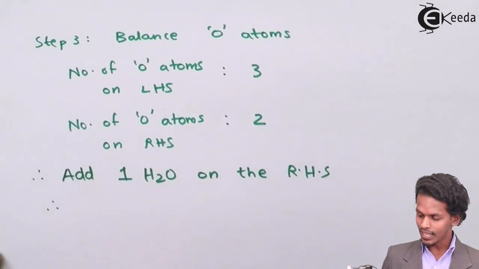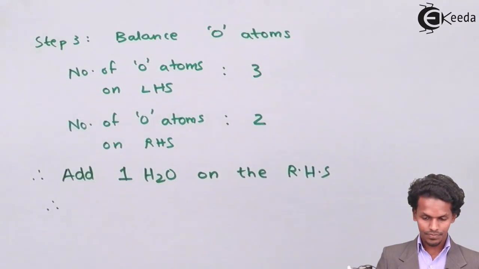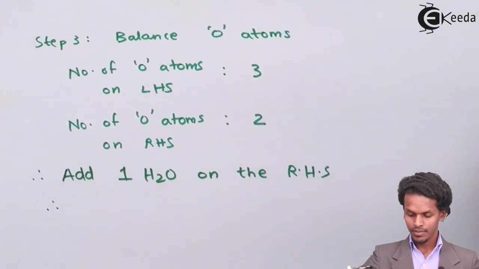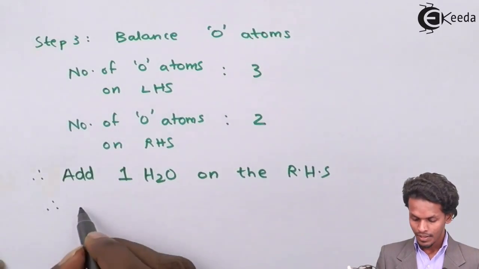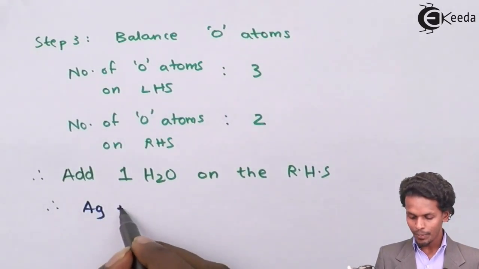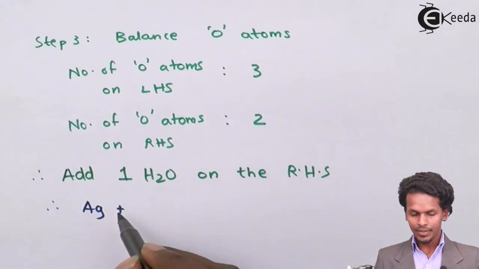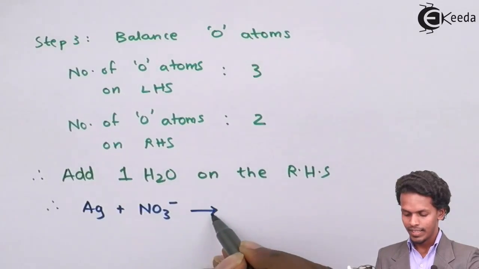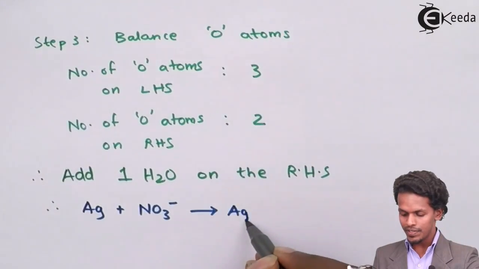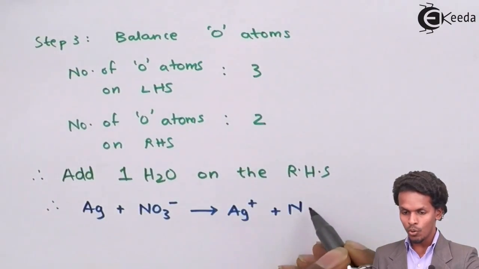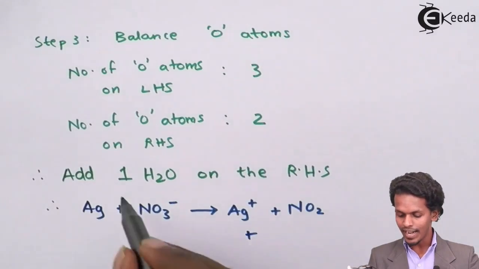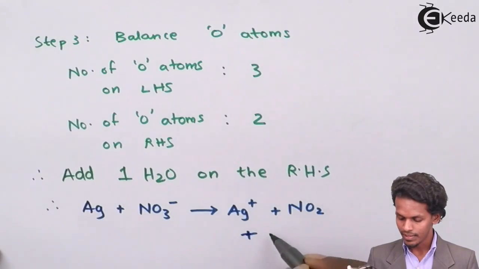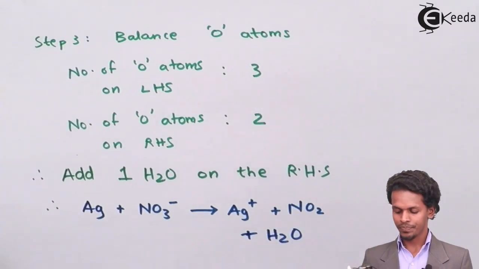Therefore the answer that we get is Ag, that is silver, plus NO3 minus, that will give us Ag plus NO2, and since we are adding H2O on the right hand side, that is on the product side, we'll get H2O.